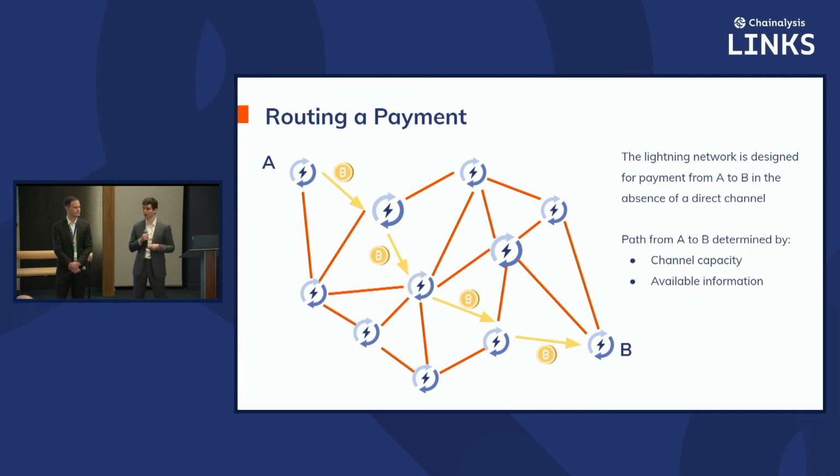However, they're both connected through a couple different connections to the Lightning Network. What Bob can do is say, I would like to receive X amount of millibitcoin, and send an invoice over to Alice. Alice can use that invoice to route a payment across various channels of the Lightning Network and have that payment arrive at Bob. Now the path from A to B can be a little bit tricky to find.